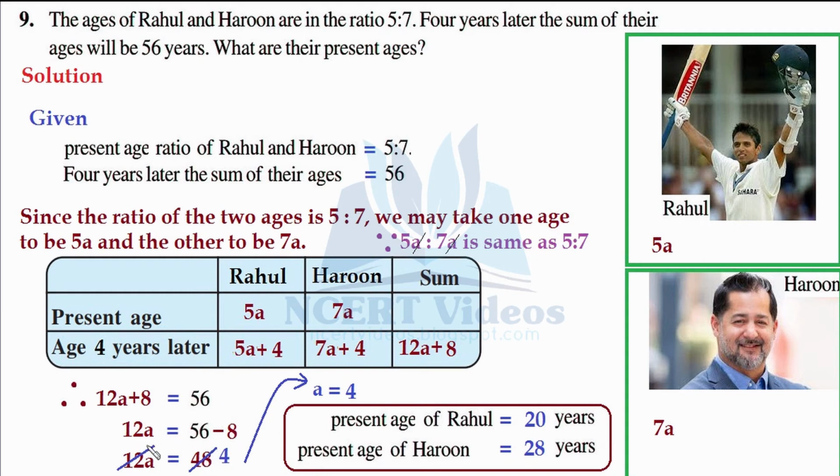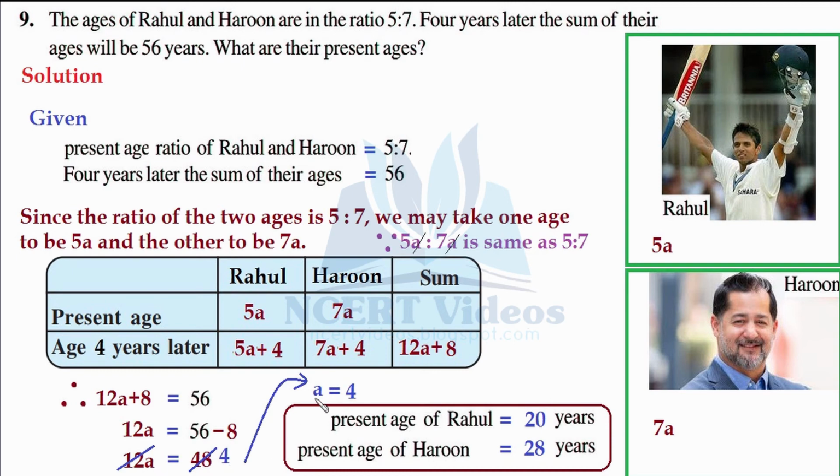Whenever we are equating, in the concept of equations we can cancel the numerator parts straight away. It is understood their denominators are 1 on both sides. So 1 12 is 12, 4 12s are 48. It is quite simple. We have separated this A and its value comes out to be 4.